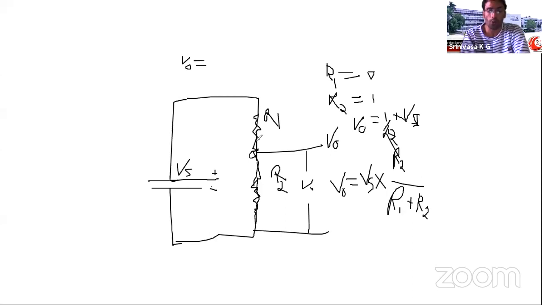Just suppose I'm using any resistive type sensor in place of the resistance R1, then whenever R1 changes, my output voltage will change. I'm going to repeat it again with the help of a circuit, so that you will understand.